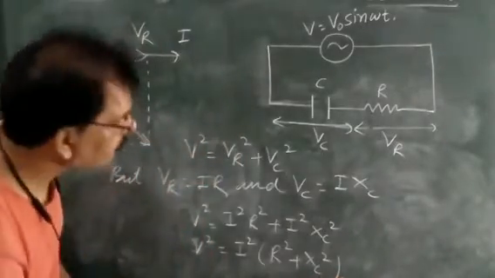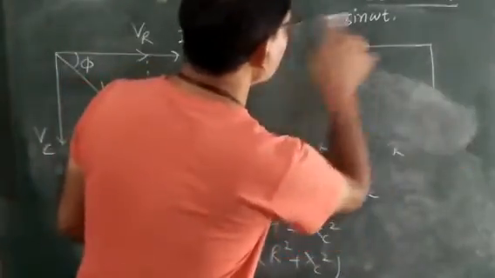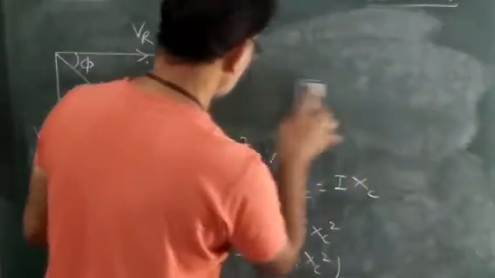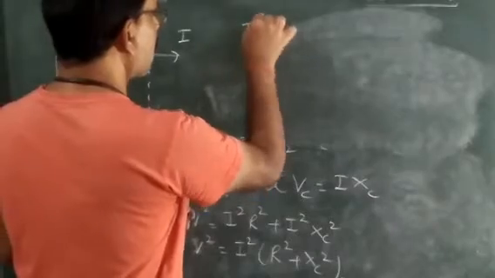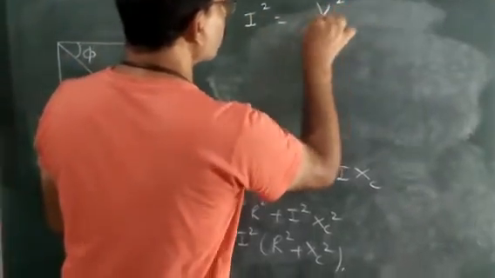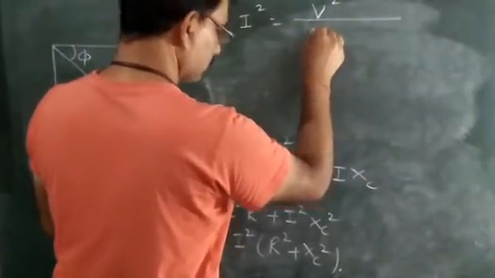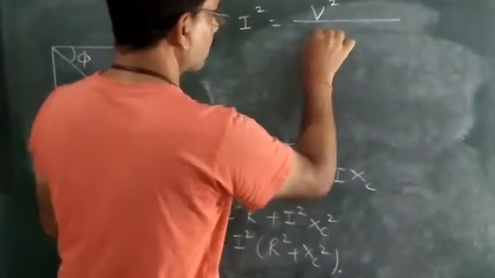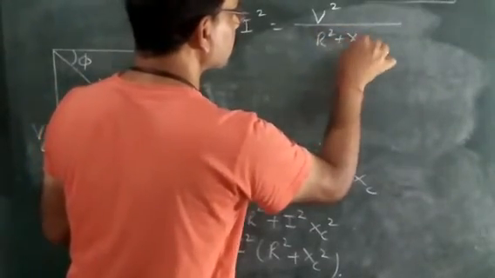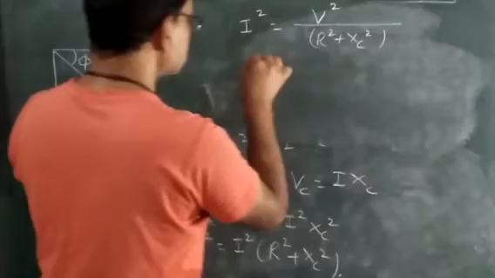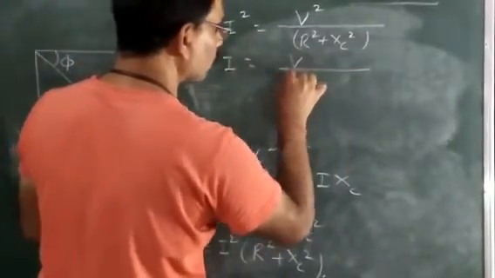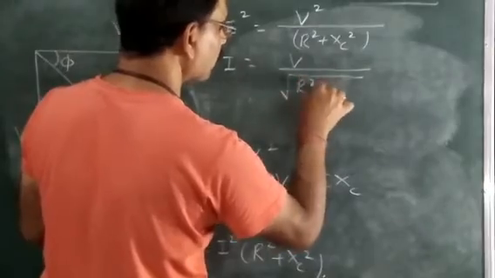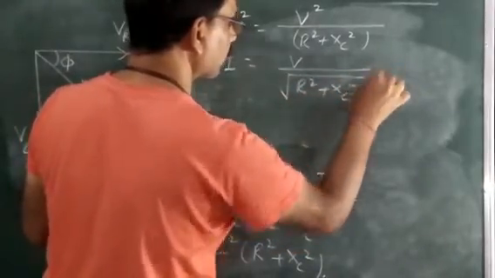Finally, we can write I square is equal to V square upon R square plus XC square. So I is equal to V upon root R square plus XC square.